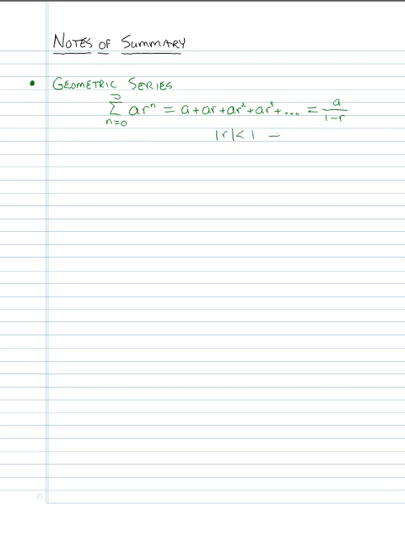And of course that means that r is between -1 and +1, not equal to either one. Under those cases, it converges, and the sum is, okay? If it's true that the absolute value of r is greater than or equal to 1, then the series diverges, and it doesn't have a sum.